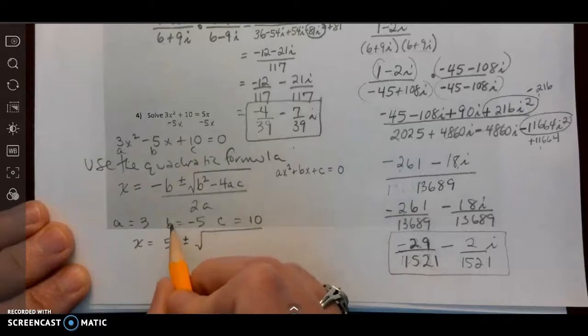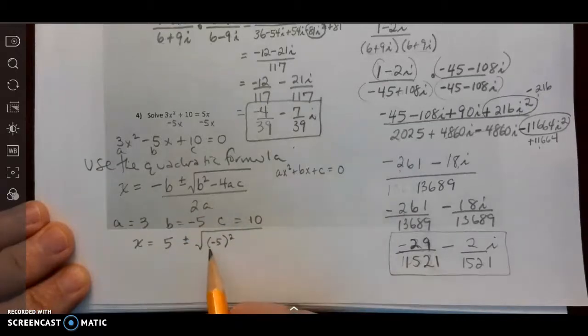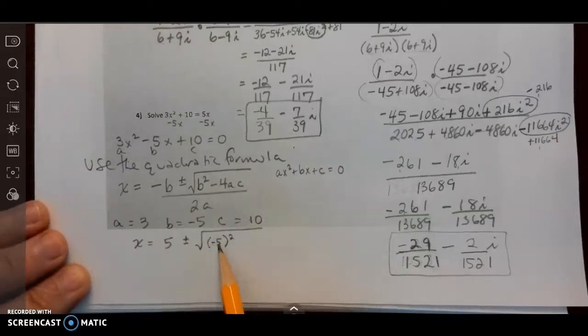of b squared. So negative 5 squared. It is very important that you put that in parentheses. If you don't, you will end up with a negative 25 here rather than a positive 25. Negative 5 times negative 5 is positive 25.